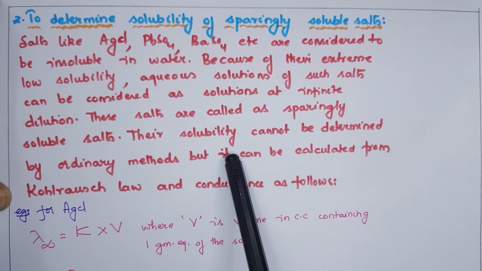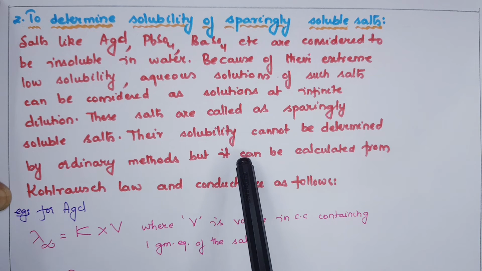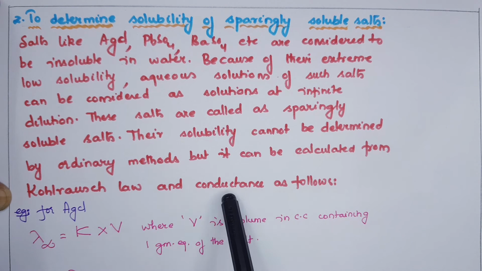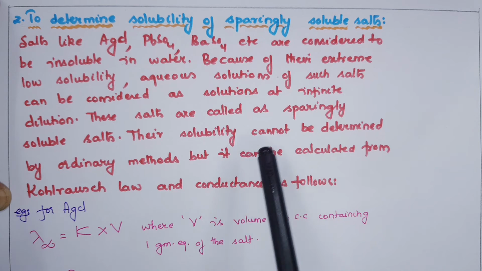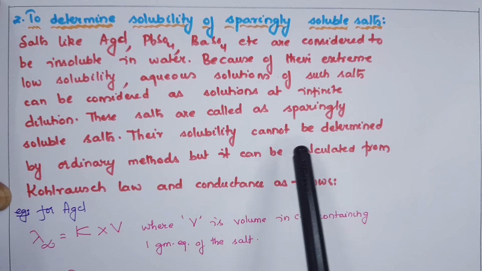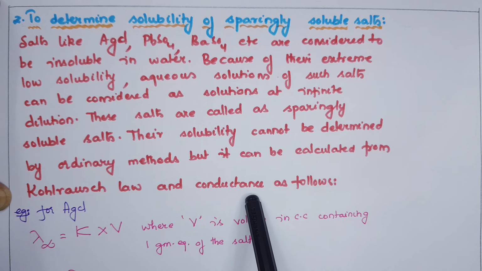Now, their solubility cannot be determined by normal or ordinary methods, but it can be calculated using Kohlrausch law and conductance. The solubility of sparingly soluble salts can be determined from Kohlrausch law and conductance.